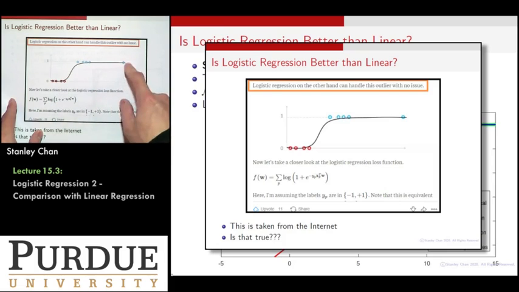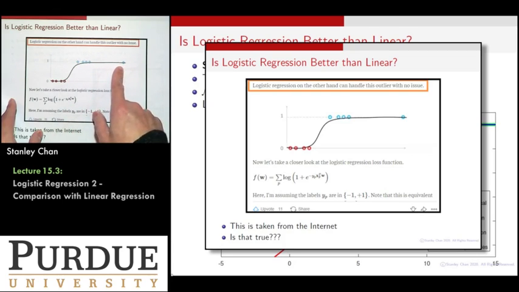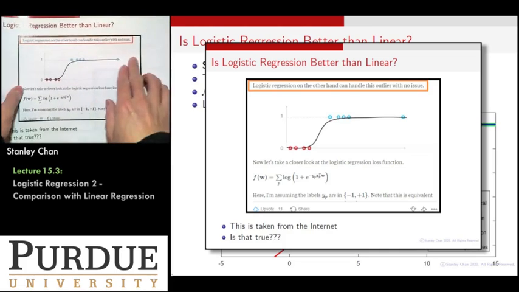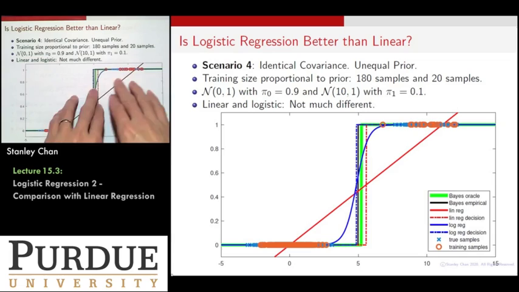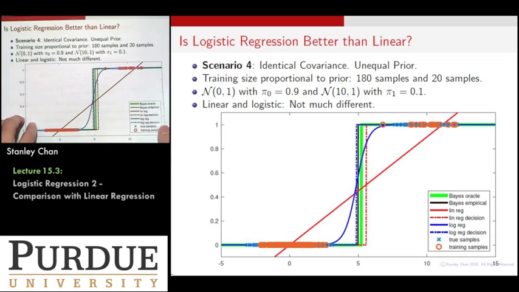That doesn't really buy you much in terms of the testing loss. You just don't know. If I run a linear regression to this case, as I have shown here, even if you have outliers somewhere here and there, unless this outlier is really far away, otherwise, this linear regression and also this logistic regression seem to perform equally well.